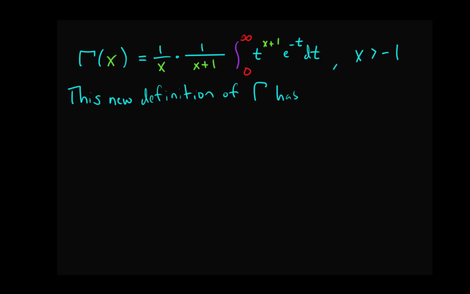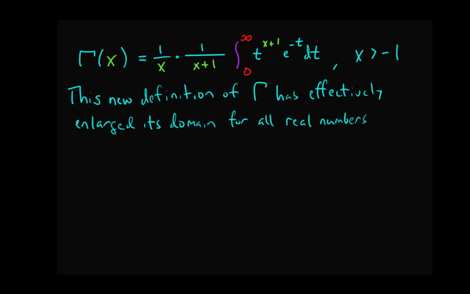Well, this is actually a big deal. This new definition of the gamma function that we've derived is valid for all x greater than negative 1 except for 0. This new definition effectively enlarges the domain of the gamma function for all real numbers greater than negative 1, excluding x equals 0.